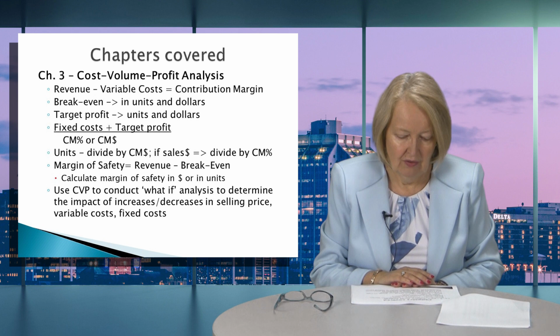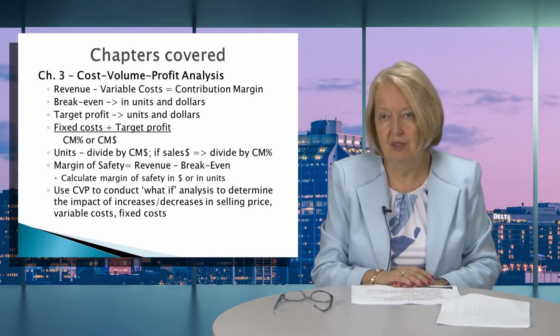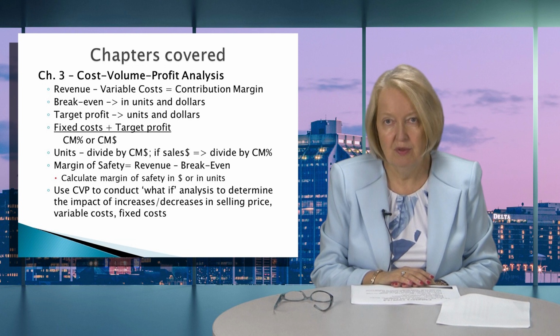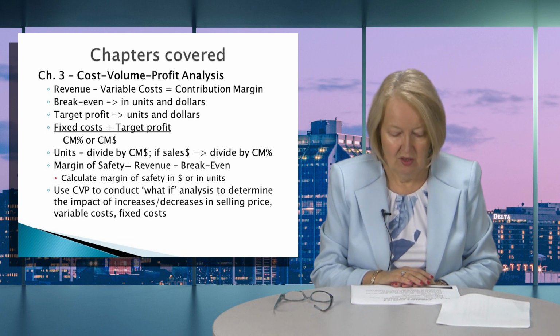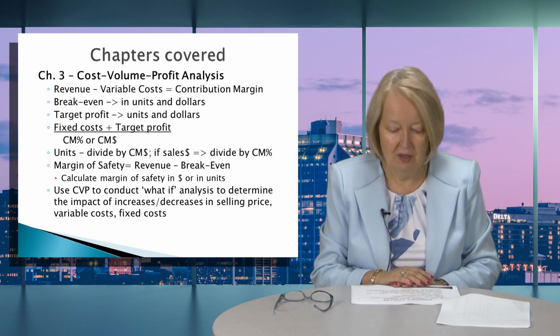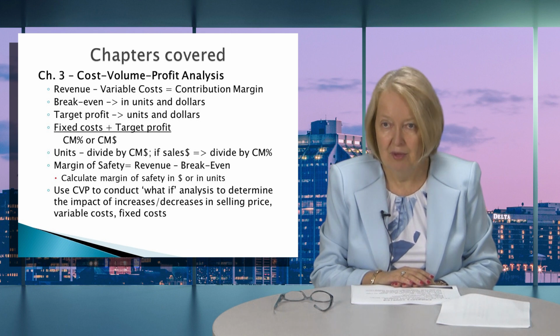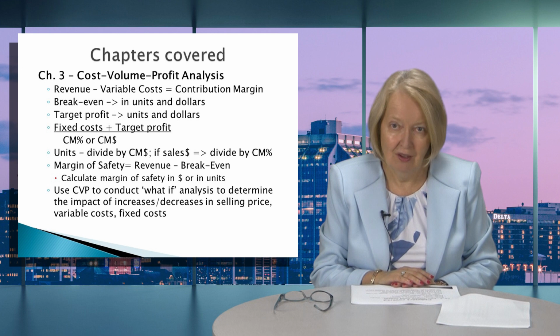When you're looking for a certain amount of money to be earned to cover your fixed costs and your target profit, you divide that by either the contribution margin percentage or the contribution margin in dollars.